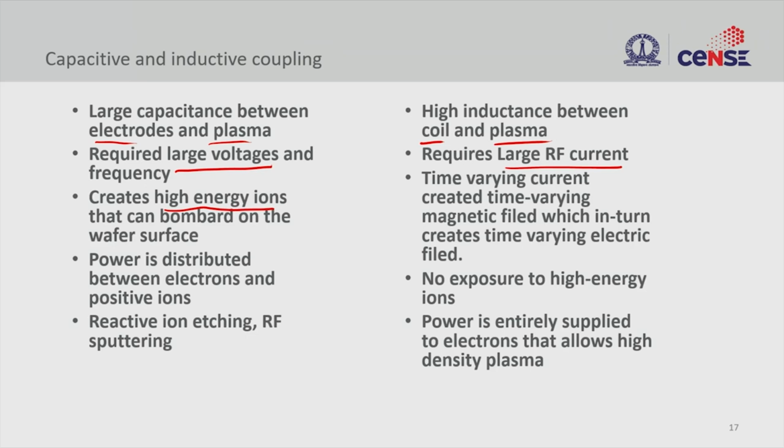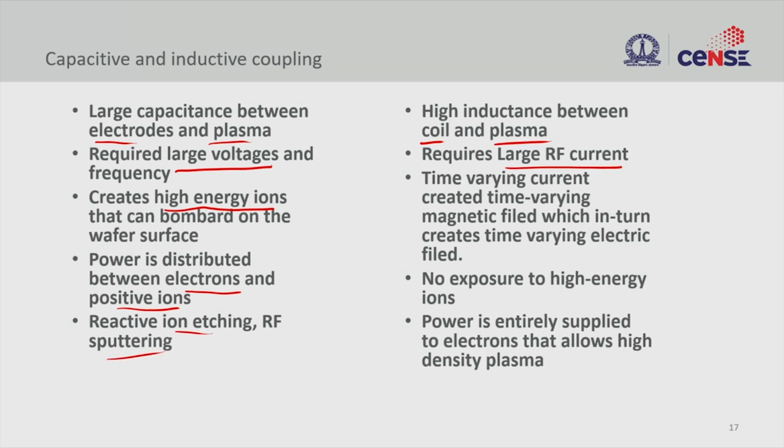But then the power is distributed between electrons and positive ions. This is a very important drawback in a capacitive system. So the energy is distributed between both electrons and positive ions. What you want to do is efficiently transfer all the energy only to electrons, not to positive ions. So reactive ion etching and RF sputtering are examples of capacitively coupled systems.